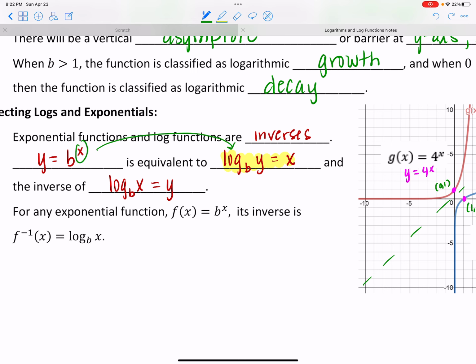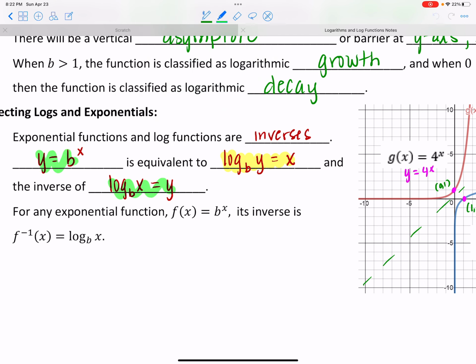But when I switch the inputs and the outputs to get to this form, I have the inverse. So the first two are equal, but the second two are inverses. Which means, if these two are equal, but these two are inverses, it means that these two are inverses as well.